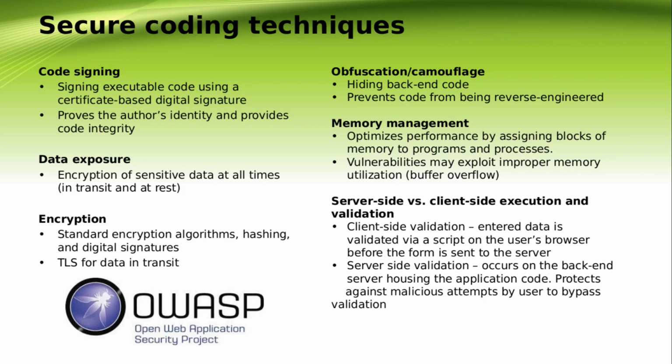There are two types of code signing certificates: organizational code signing certificates, which are issued to organizations, and individual code signing certificates, which identify independent developers. The certificate is issued by a CA, certification authority, that validates the legitimacy of the issuer.